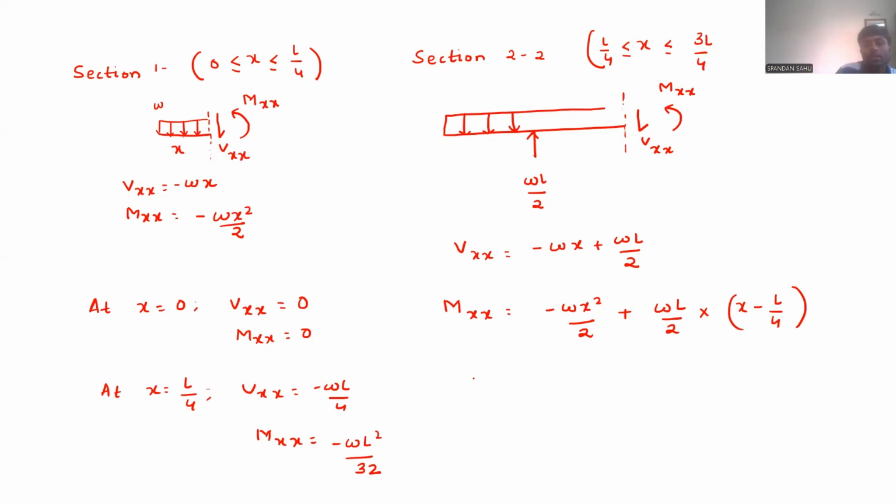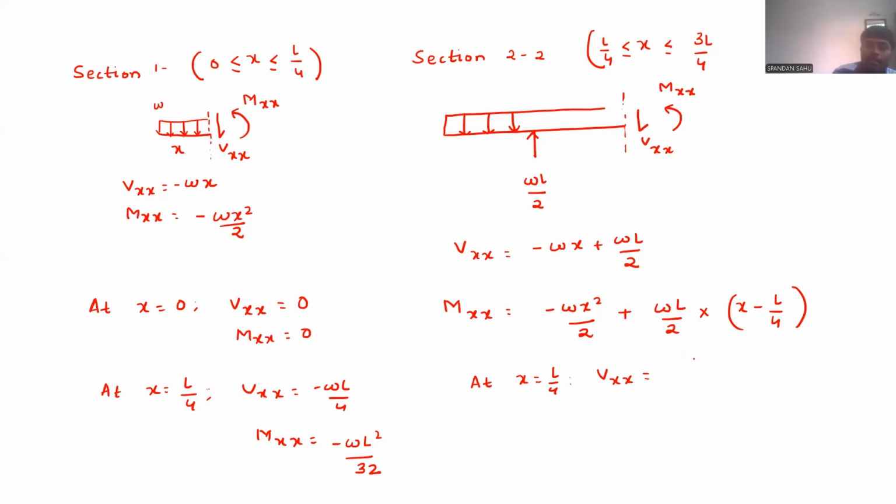Now, just substitute the upper and lower bound values and get me the quantitative values of VXX and MXX at L by 4 and 3L by 4 respectively. So, at x equal to L by 4, what value of VXX will we be getting? Just substitute L by 4 in the VXX equation.